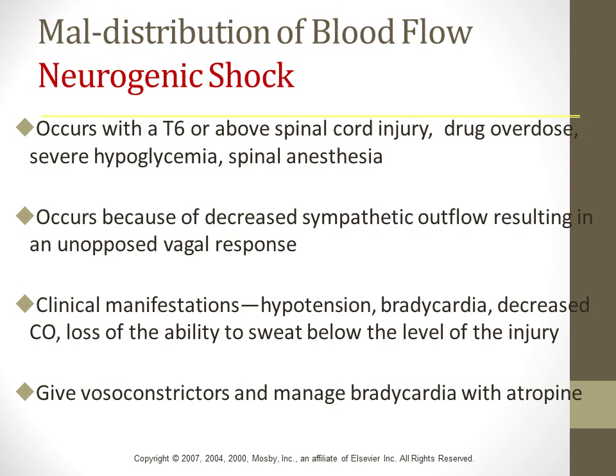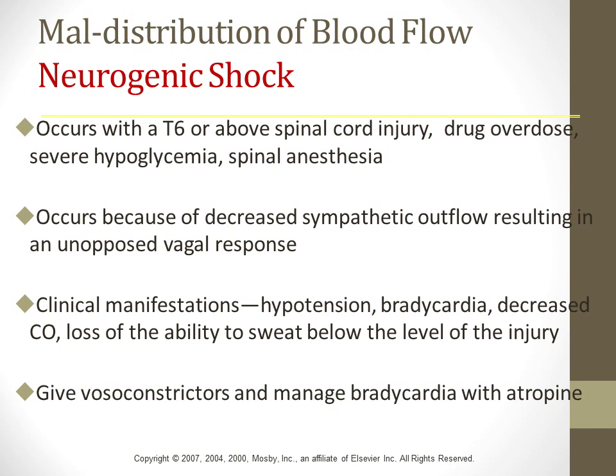With neurogenic shock, we say there is an unopposed vagal response. That means that we have too much parasympathetic activity and not enough sympathetic activity. And so that unopposed vagal response, too much parasympathetic activity, causes vasodilation and causes pooling.